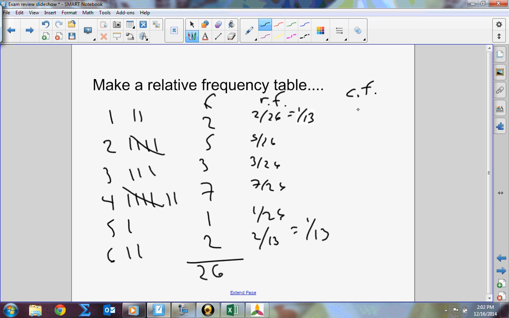I don't know if we're going to have to do it, but remember cumulative frequency. To do that, you just add these. So this first one's, let's stick with 26 so I can actually do the arithmetic. That would be 2 over 26. And then I'm going to add this 5 over 26 to it to make 7 over 26. And then 10 over 26. And 17 over 26. 18 over 26. 20 over 26. Somewhere something went horribly wrong because it should have added up to 26 over 26. But that's the idea. I add this one to this one.